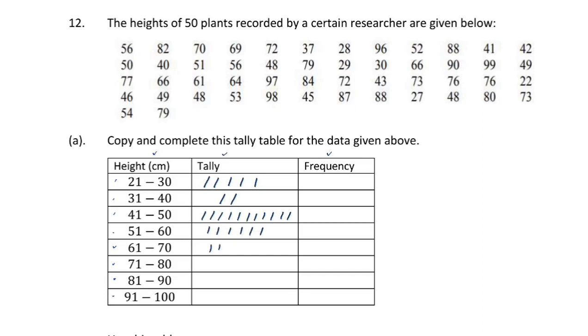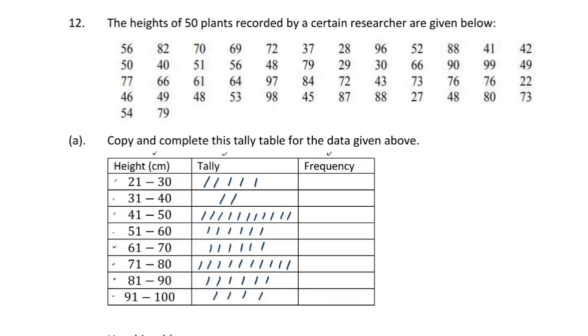The next one is 6. The next one is 10. The next one is 6. Okay, so the last group is 1, 2, 3, 4. So we have 4 items in the last group.